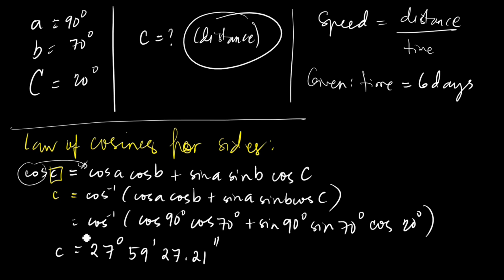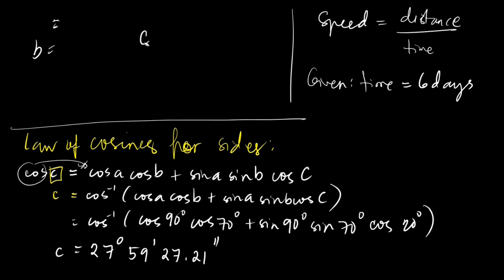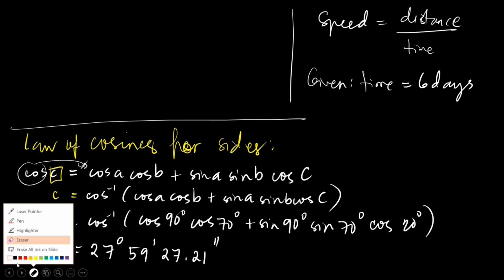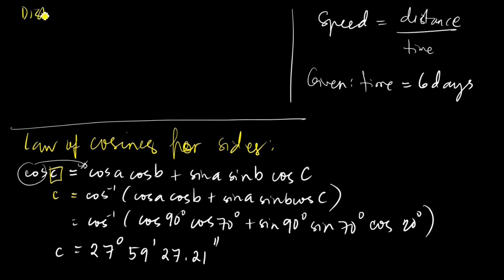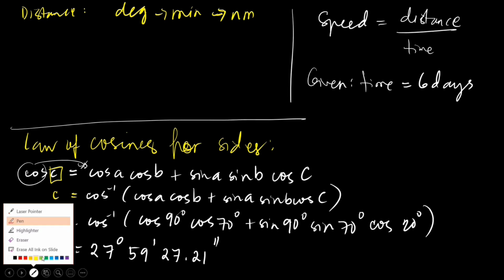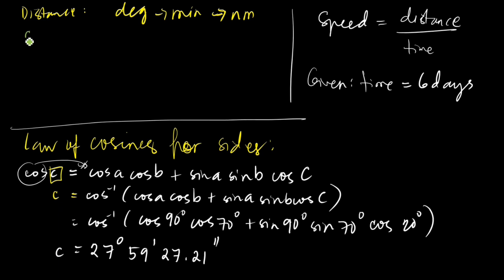Okay, so in order to convert it into distance, I'll just erase the upper portion here. For distance, what we need is to have the degrees converted to minutes and then converted to nautical miles. Because we have the angular measure of side c, which is 27 degrees, 59 minutes, and 27.21 seconds, you just have the decimal format in your calcu.